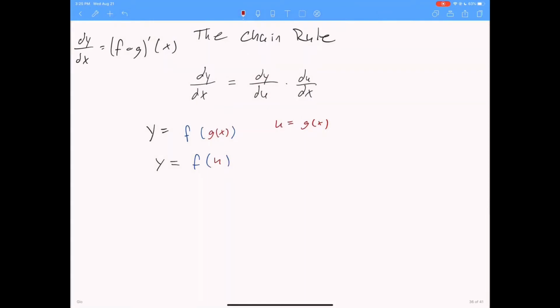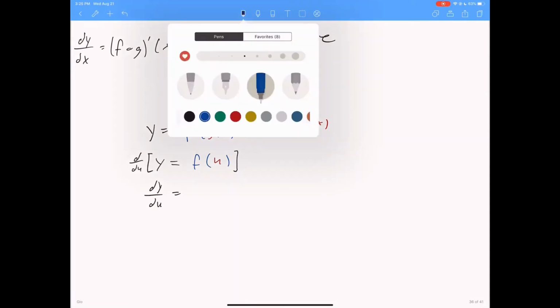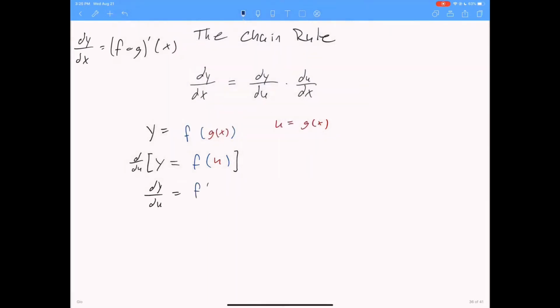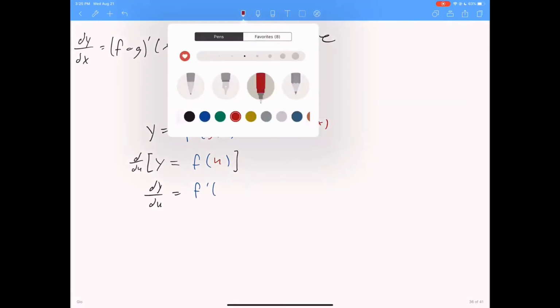What I'm going to do now is take the derivative with respect to u, and the reason is because our function is in terms of u. So dy du is equal to f prime of u.